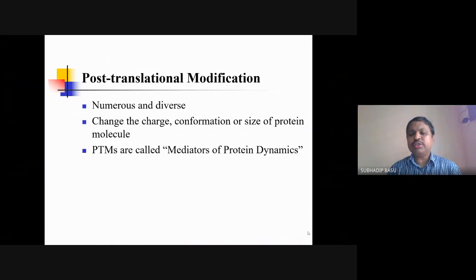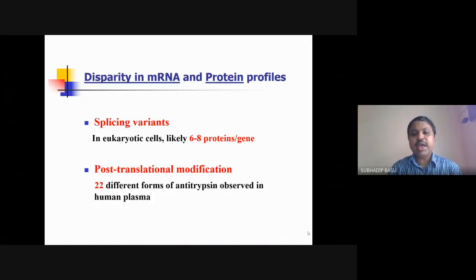They control signaling pathways, they help in protein degradation, and everything is modulated or mediated through different types of PTMs. So that is the major purpose of discussion today.